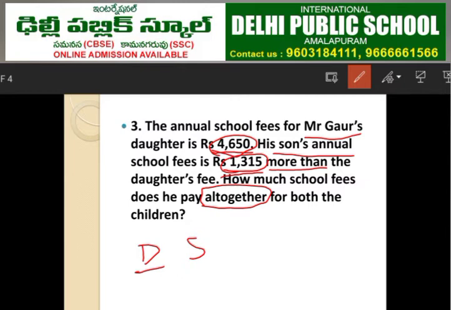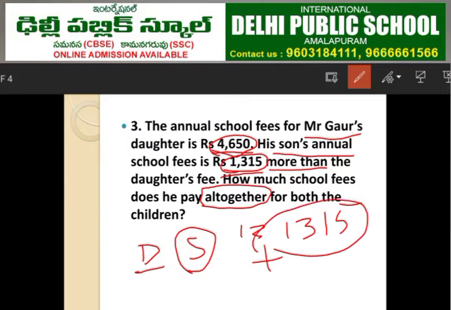They did not give how much amount he is paying for his son's fees. What they are saying to us is that 1315, he is paying extra. This much amount he is paying extra on top of this fees. Already he is paying 4650 for his daughter and he is paying 1315 extra for his son.